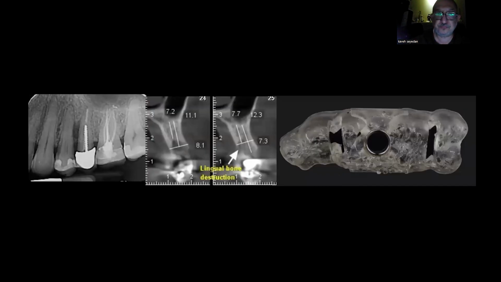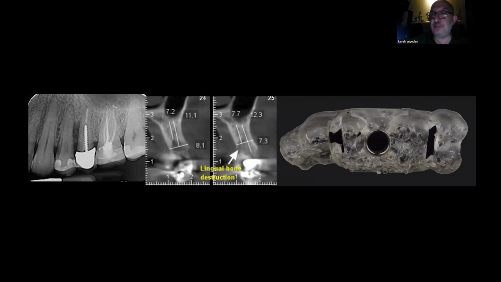Not all cases of immediate implantation with guided surgery are successful and can be used for immediate loading. These days, patients are even asking for immediate loading of single molars, which I don't know why they are asking so much, but this is demand in the market, and immediate loading is getting very popular.